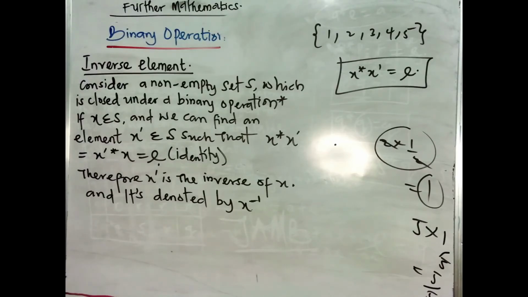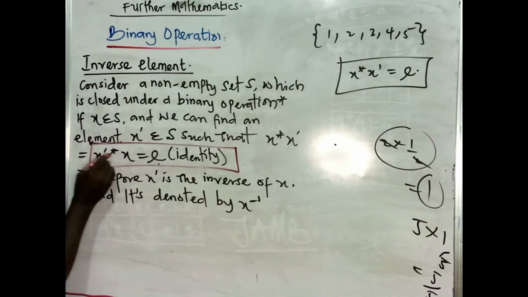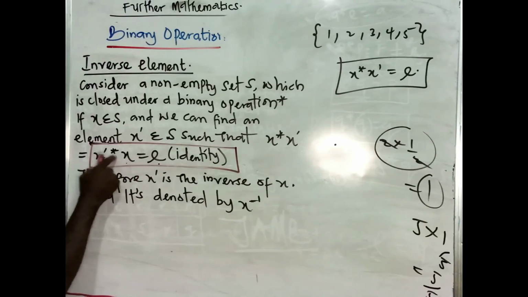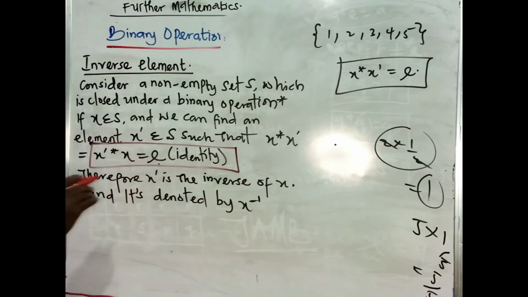So I would like us to be aware of this definition: the inverse, the one with the little comma at the top, multiplied by the element, so x inverse times x is equal to identity. Whatever you are multiplying with its inverse gives you identity.